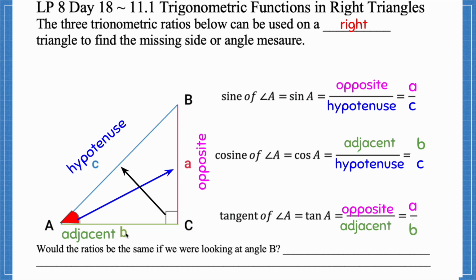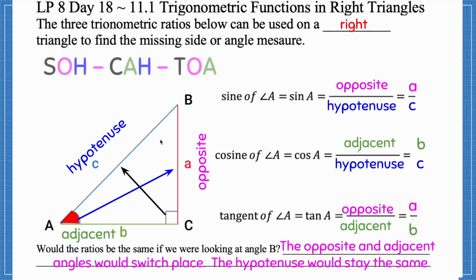One thing to help you remember this, and it's going to sound funny at first, but it definitely helps, is the silly little saying SOHCAHTOA. It helps you remember all of this without having to remember the words opposite, hypotenuse, adjacent.